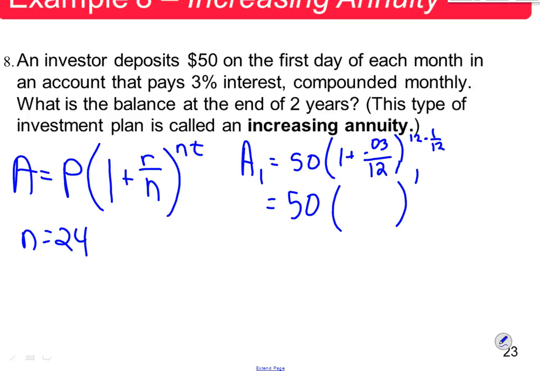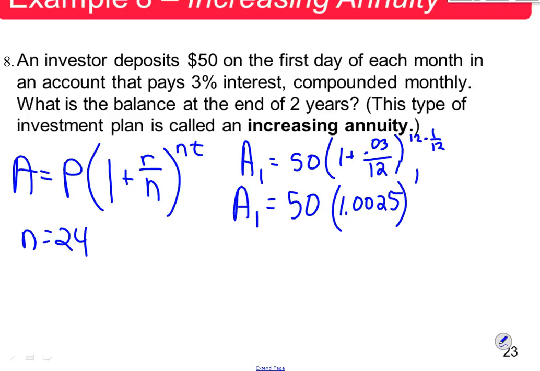1 plus 0.03 over 12. So it's more than 1, but not much more than 1. Yes, definitely. Okay, and the reason I wanted to write it like that is I want to think about this as my first term, right?